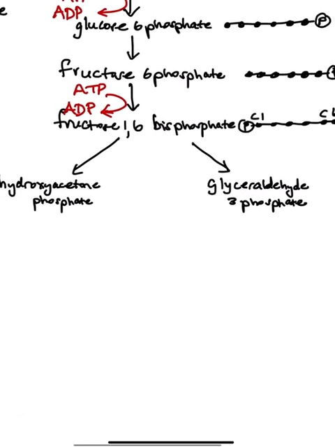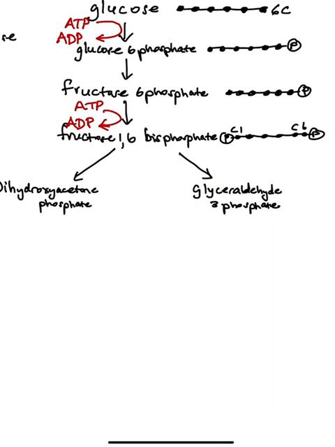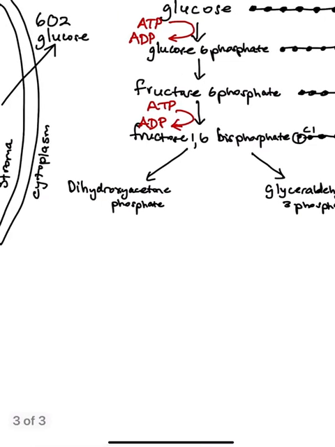There's an enzyme that is taking this 6-carbon big fructose 1,6-bisphosphate and changing it into two smaller 3-carbon molecules. Glyceraldehyde 3-phosphate is a 3-carbon molecule, and so is dihydroxyacetone phosphate.